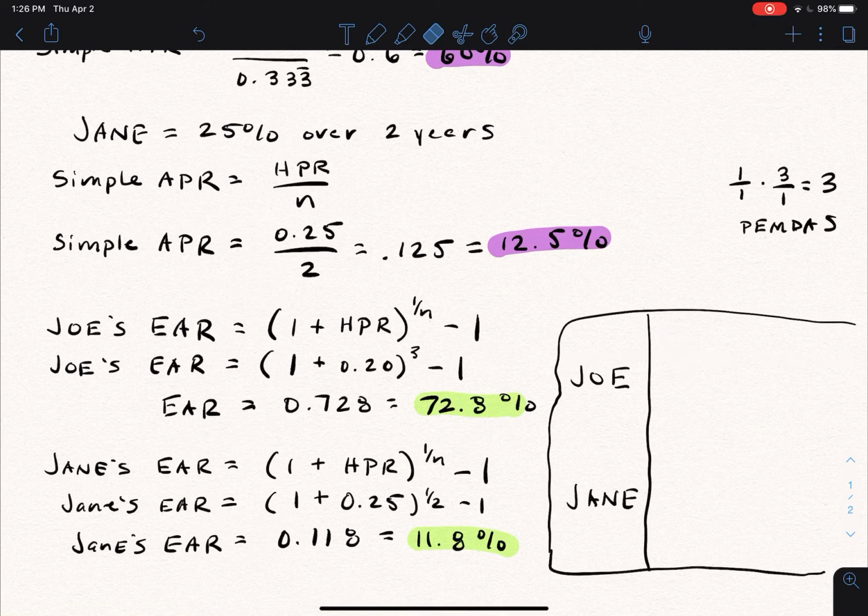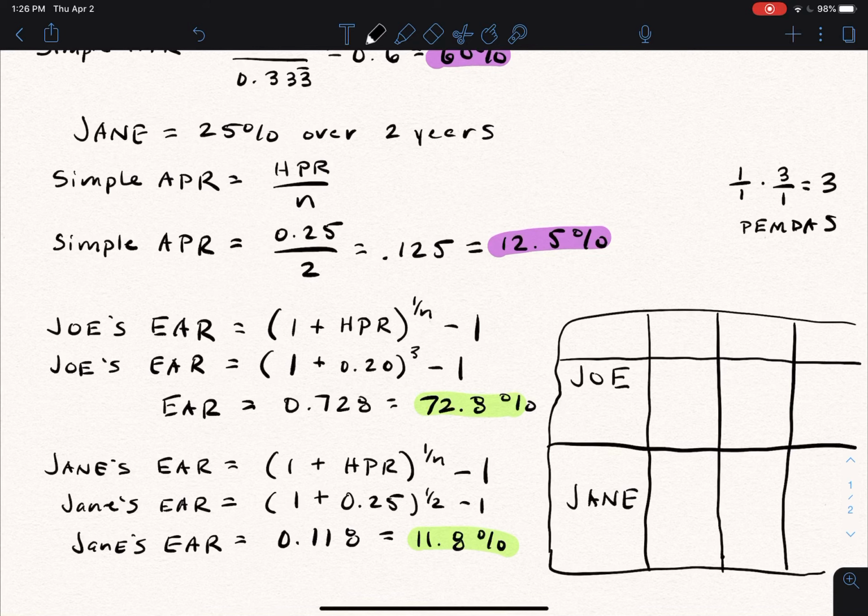I just want you to be able to see everything that we just did. So we have the holding period return, we have the APR, and then the effective annual rate, right?